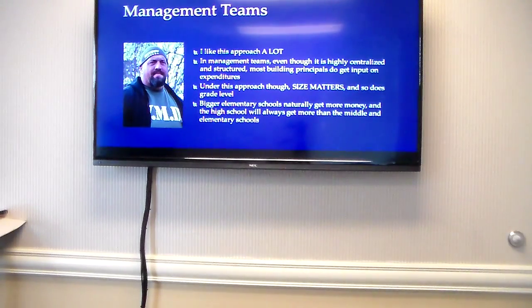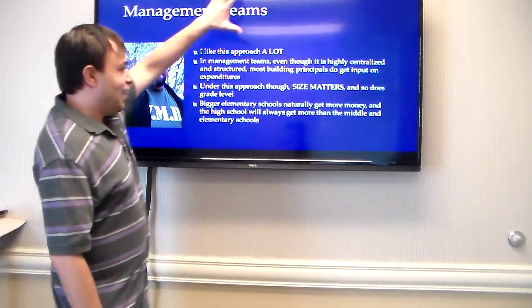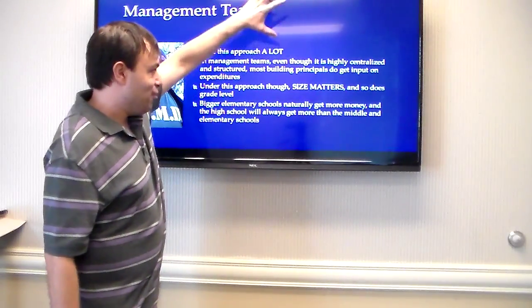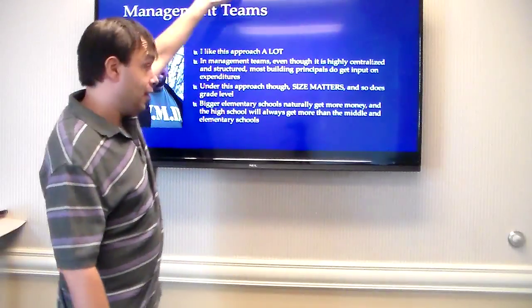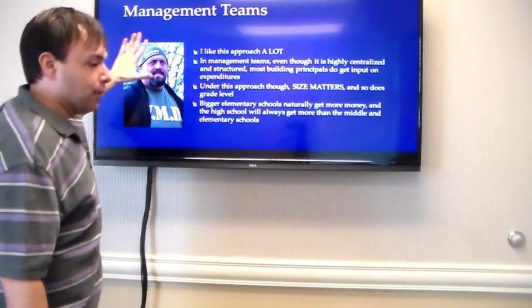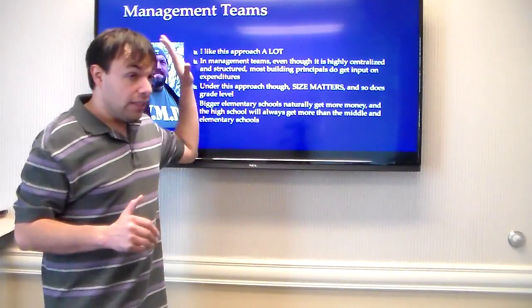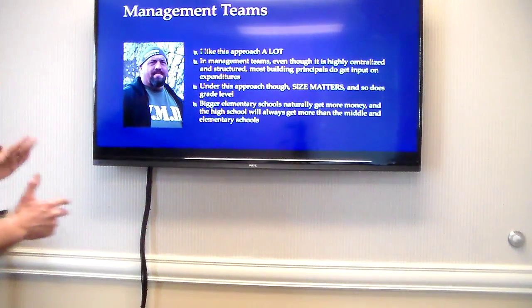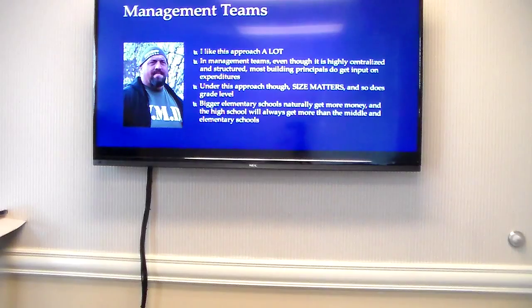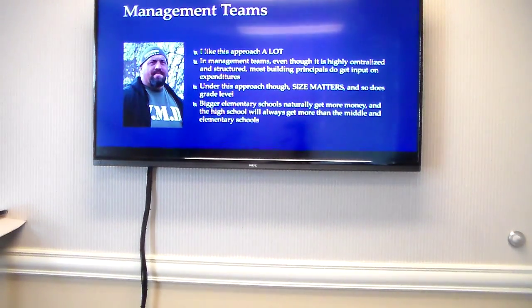This is truly what I've seen in the state, because you're saying this is the middle school team, this is the high school team, this is the elementary school team, these are the academies, and somehow they fit into the picture. This is common here. So that's site-based management, and that's really where the money goes and where the funding goes, at least in my experience in this state.